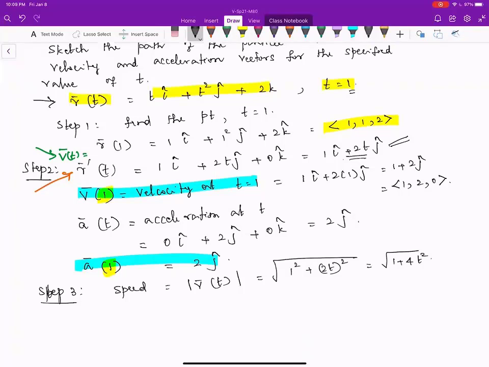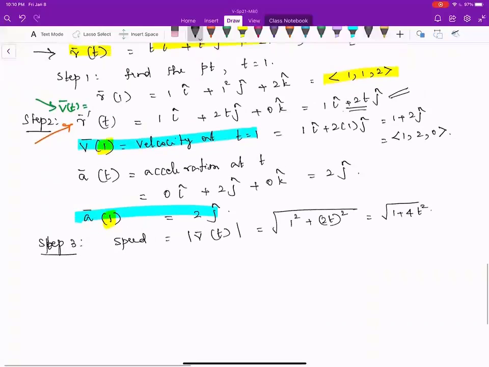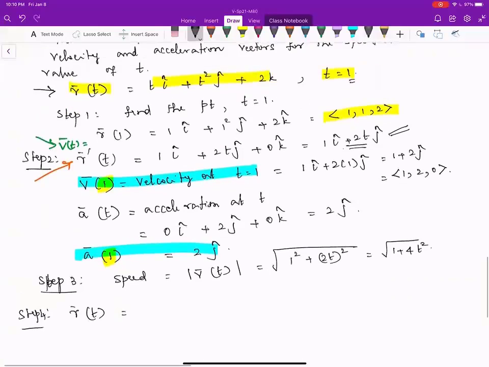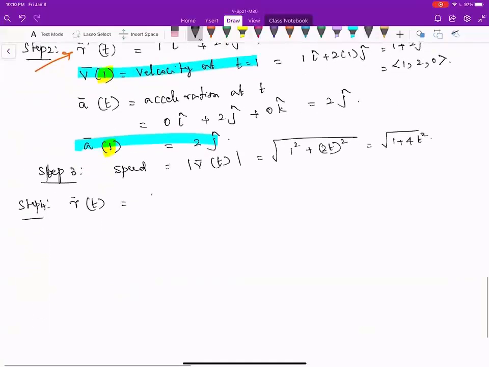Then now we are going to connect all of this and also do the sketch. So if you look at r of t, step 4 is to sketch. So r of t is given to be ti plus t squared j plus 2k.